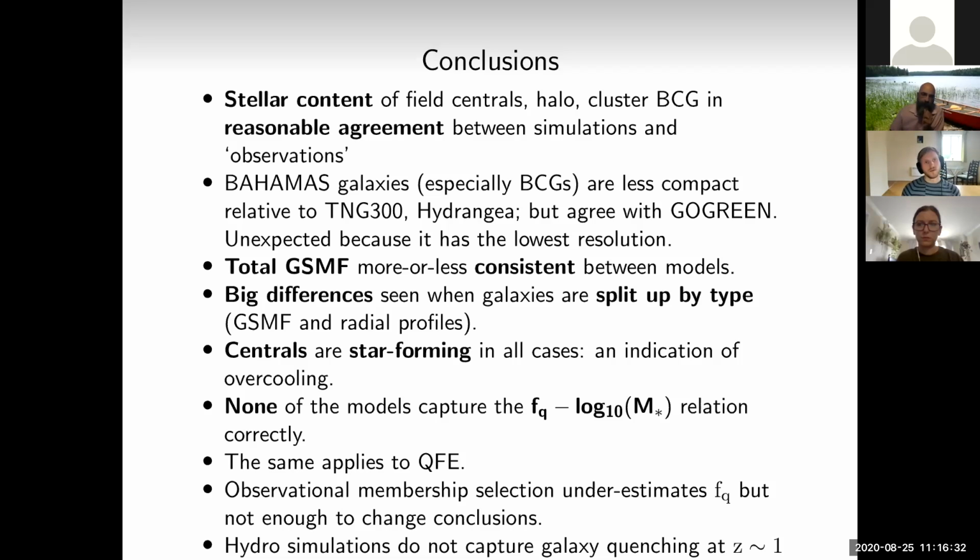But the BCG is a dark matter halo, and so all the stellar particles bound to that will be flagged up as the BCG. This aperture is then applied to all the particles which are already bound to that halo and no other particles. So I can only exclude stellar particles and not include them. Does that make sense? So these particles are definitely bound to the BCG or the central galaxy.